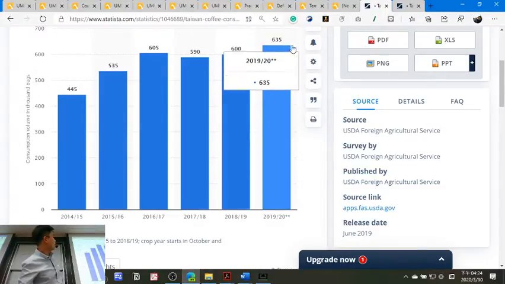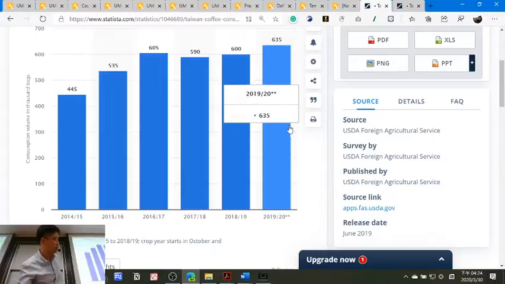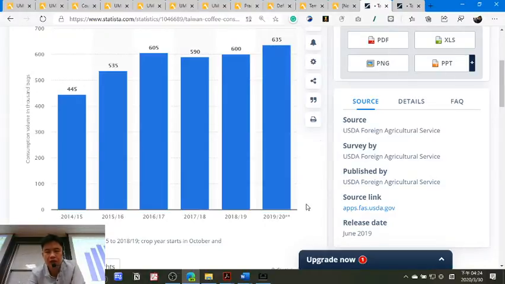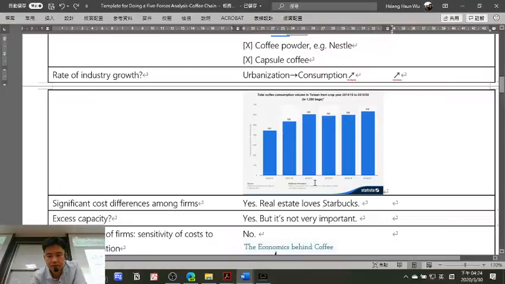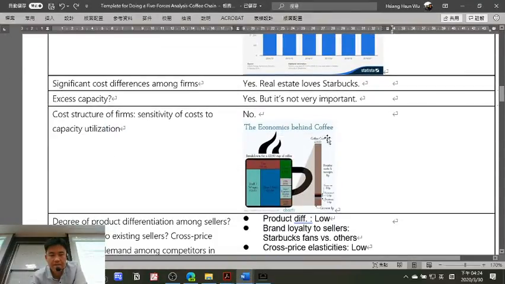But after that, we see the market still grows. So we need some data to let us know the trend. Okay, and let's go back. All right. And we also have to check several factors. For example, is there any significant cost difference among firms?